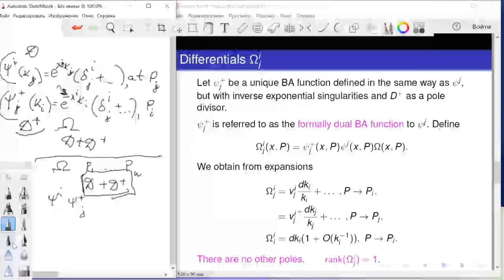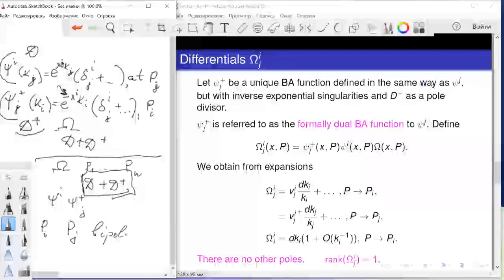Further on, omega_ij has only two poles, at p_i and p_j. So it is a bipolar differential. Why?